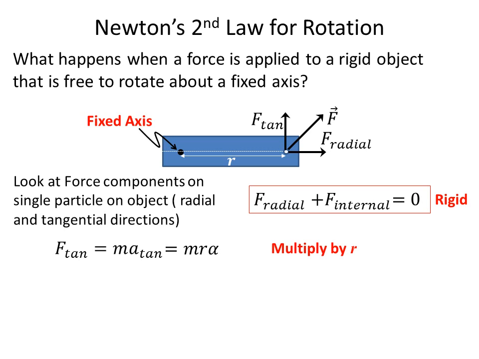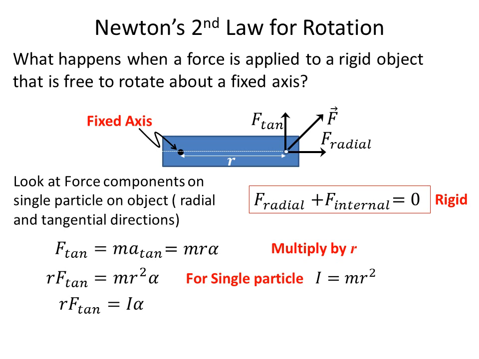If we multiply both sides by r, we have r times F tan is equal to m r squared alpha. We did that because we know that for a single particle, the moment of inertia is equal to m r squared, and the moment of inertia plays the role of mass in rotation. So we can replace the m r squared with I, so we have r F tan is equal to I alpha.